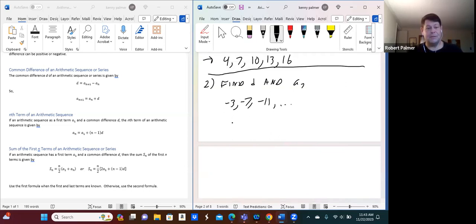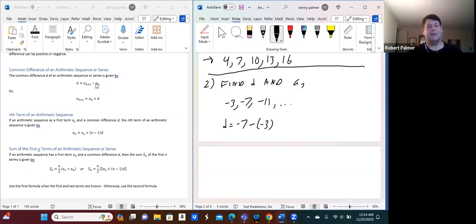Basically, we said the common difference is what we get from subtracting a previous term from the current term, or basically the term to the right minus the term to the left. It doesn't matter where we start. So that's going to be -7 minus -3, from this formula right here.